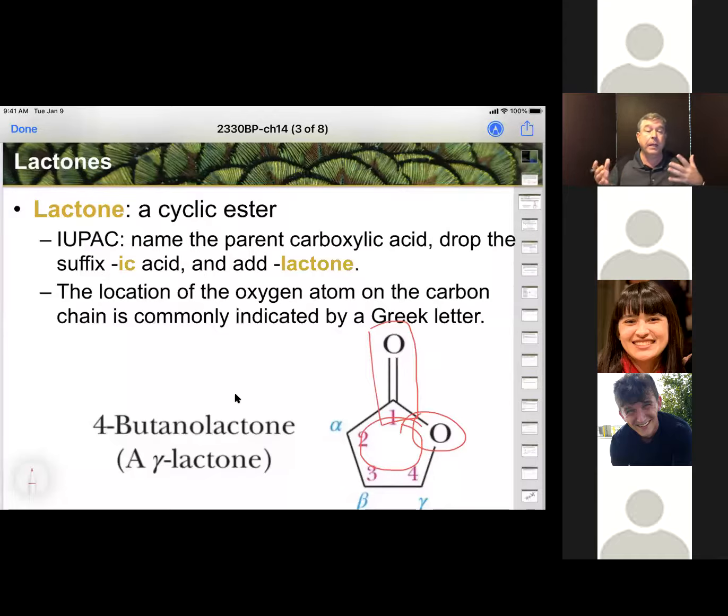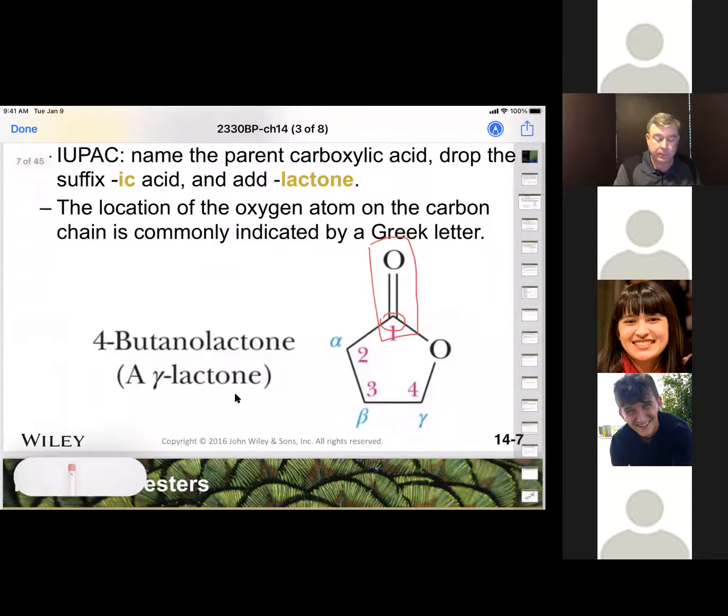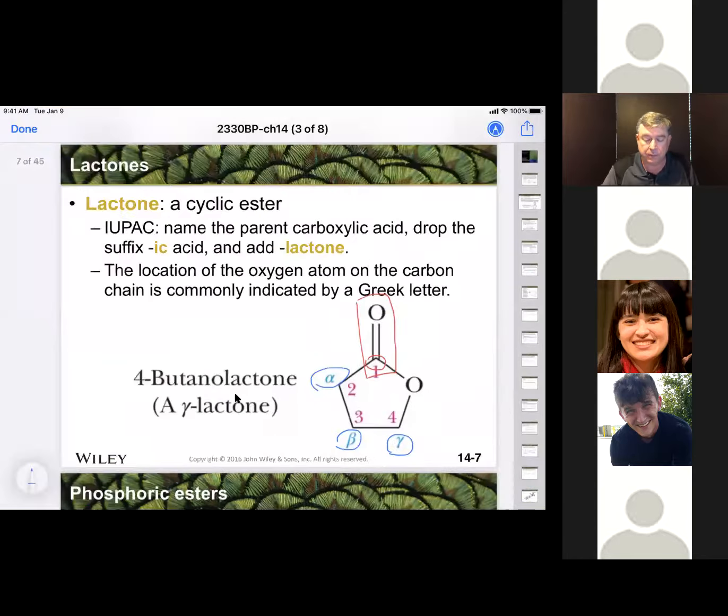So butanolactone. But if we have it with the IUPAC, we use numbers, and we're going to start with the carboxylic acid as number 1, and we're going to go all the way up to 4, and that's where the oxygen's attached. So we call that 4-butanolactone. But if we use the common name, we have alpha, beta, gamma. So this is just gamma lactone. So it's simpler to name it with that system.